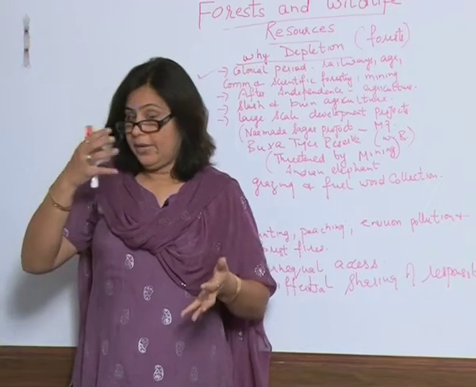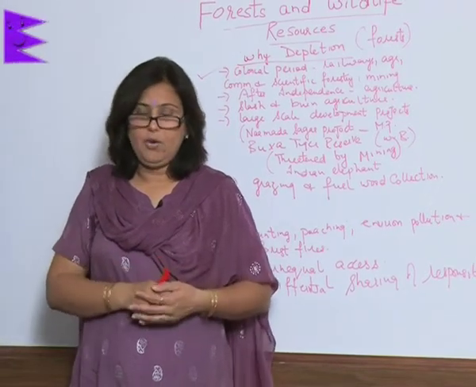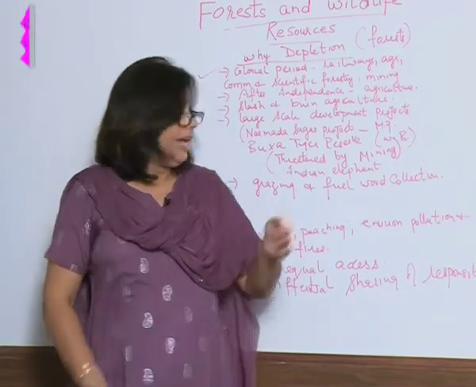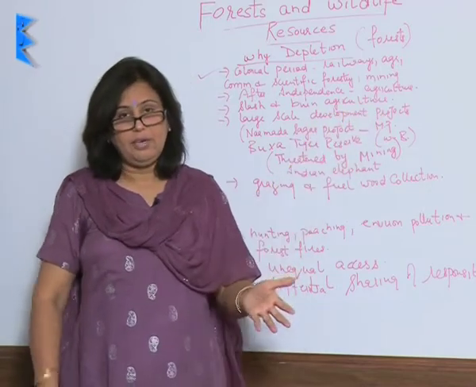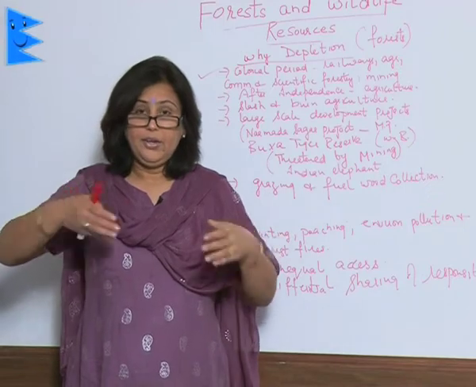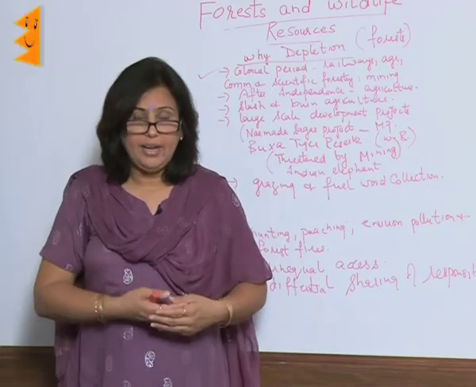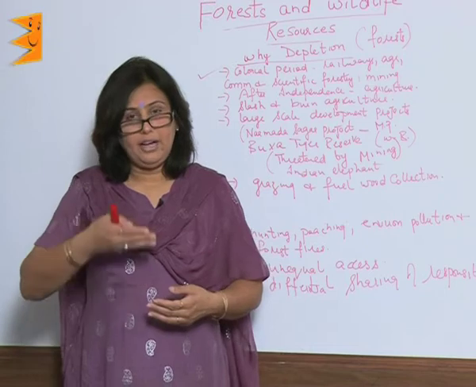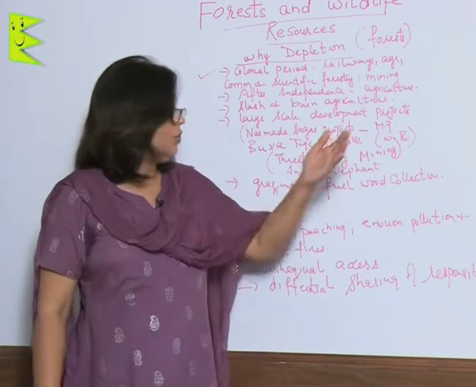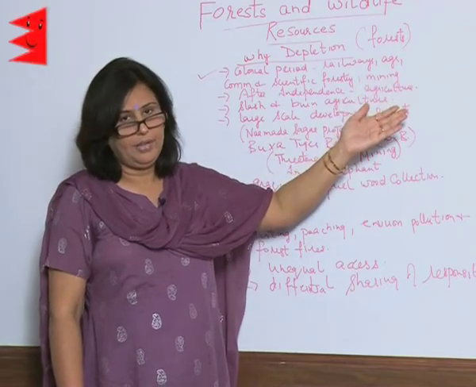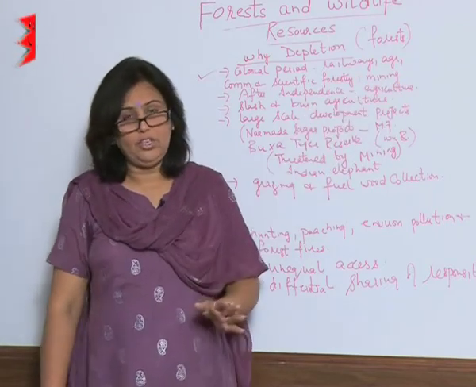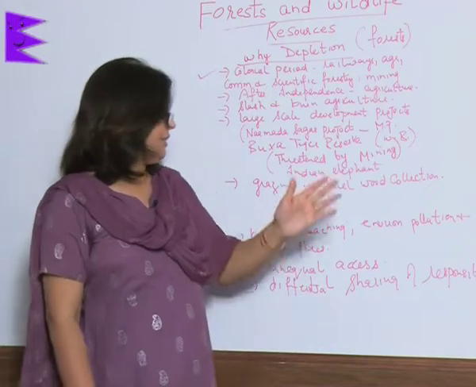The jhuming cultivation, as it is called in the northeastern part of India, and this slash and burn agriculture, since the farmers keep needing new patches of land ever and ever for agriculture, a lot of forest resources are burnt, which leads to the depletion of forest resources.